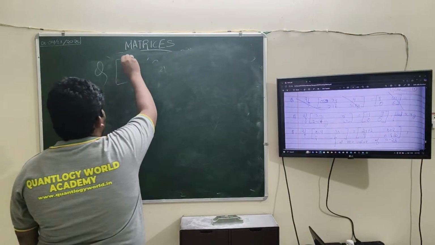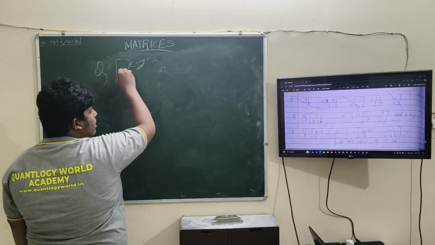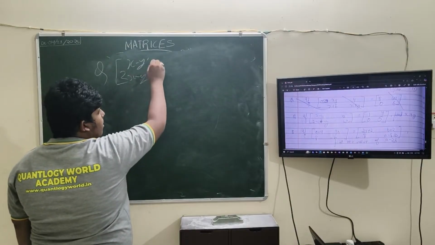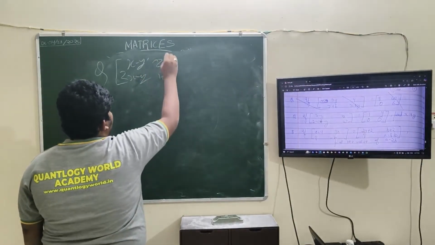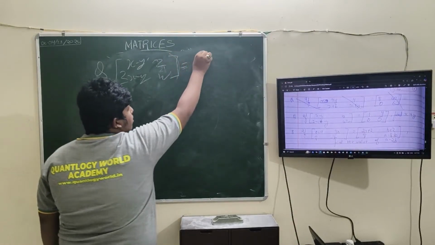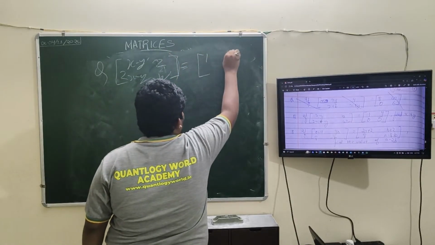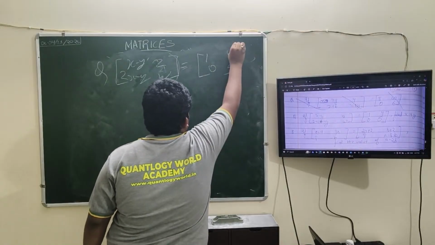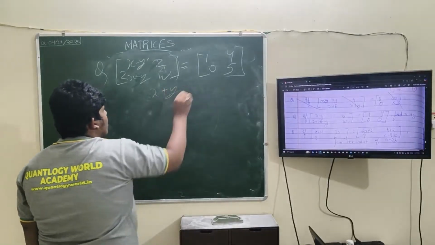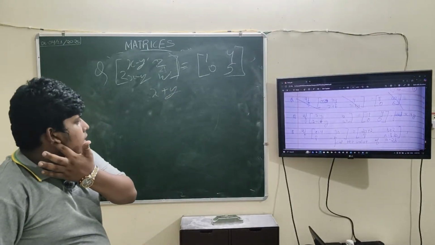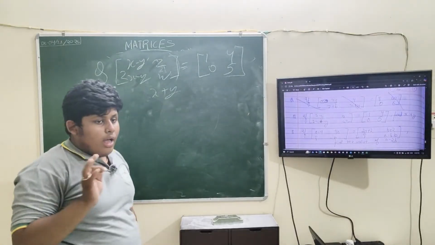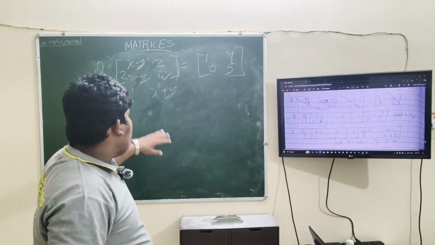It is given that the matrix with entries x minus y, 2x minus y, z, w equals the matrix 1, 4, 0, 5, to find x plus y. This first question is given as a task to you. You will write this question, solve it, and comment the answer below.